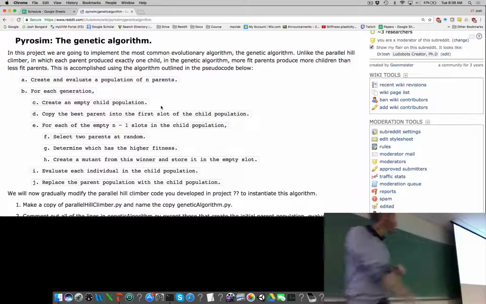So by adding step D here, we're just sort of assuring that we keep our high water mark. So whatever was the best, we at least keep that. There may be a new mutant that evolves that is better than P2. So fitness can still go up over time, but it's never going to go down. Okay, that's the genetic algorithm. Any questions about that?